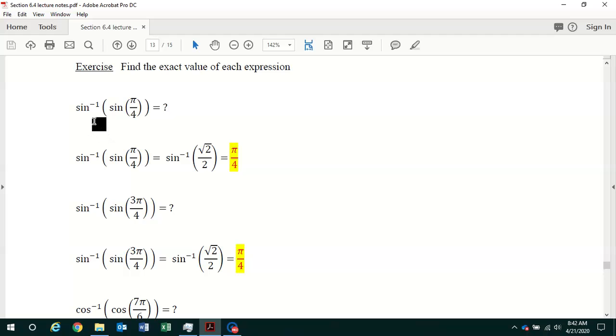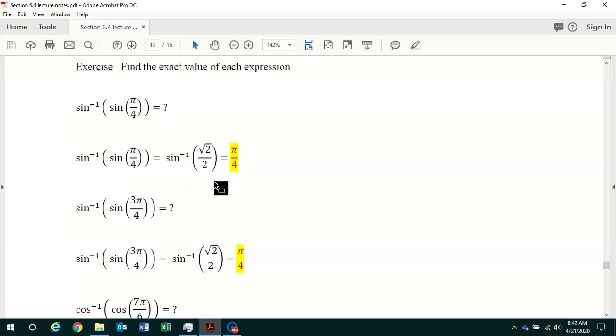So in this first example, we have to find the inverse sine of the sine of pi over 4 radians. From the unit circle, the sine of pi over 4 radians is equal to square root of 2 over 2. So our composite is equal to the inverse sine of square root of 2 over 2.